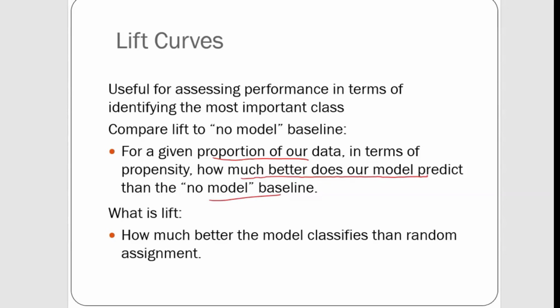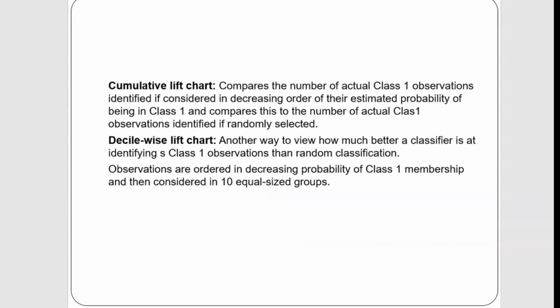So we are looking at the lift or the increase in prediction using the model compared to no model. The intuition behind lift curve is that once we have come up with the classifier, we assign probability scores to our records. Let's sort our records in descending order. Once we do that, we get something called a cumulative lift chart.